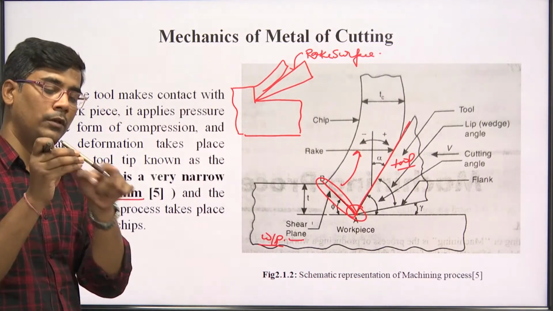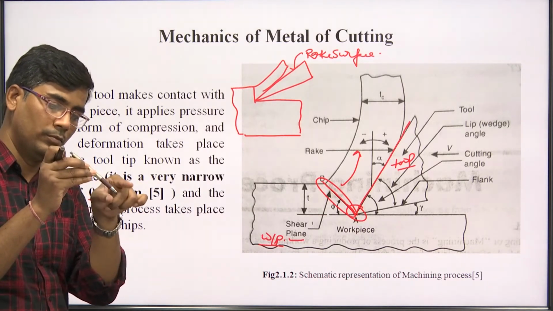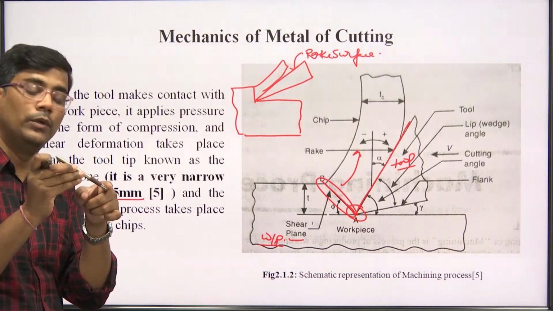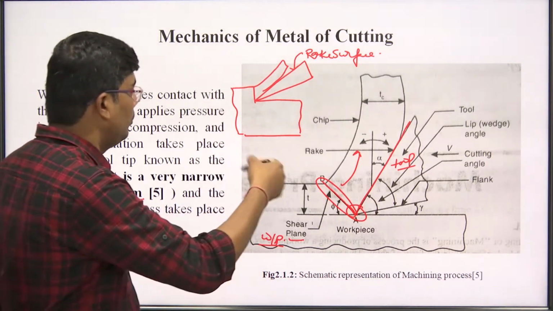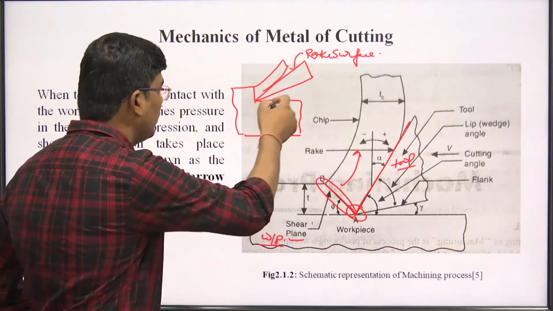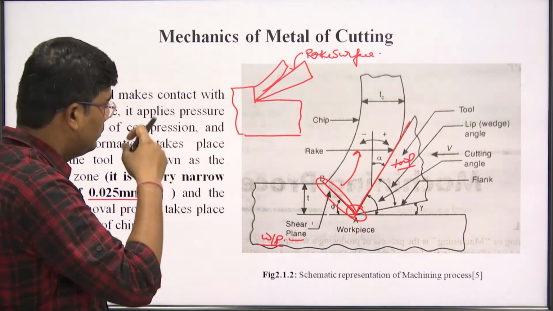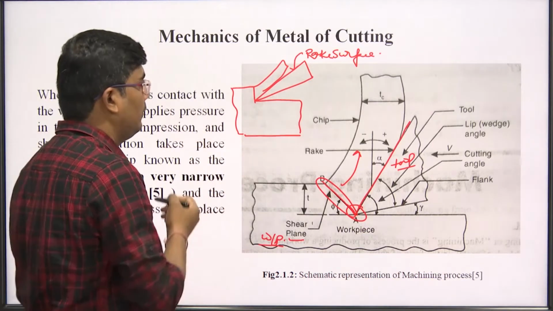If we are machining from this side and the chips move from this side, along this surface in the upward direction, it is known as the rake surface. So generally मैं ये कहना चाह रहा हूँ कि अगर आप टूल की कटिंग एज बदल दोगे, तो रेक सरफेस की पोजीशन चेंज हो जाएगी, जिसके अलॉन्ग चिप्स ऊपर की डायरेक्शन में मूव करके बाहर निकलेगा, that is known as the rake surface.